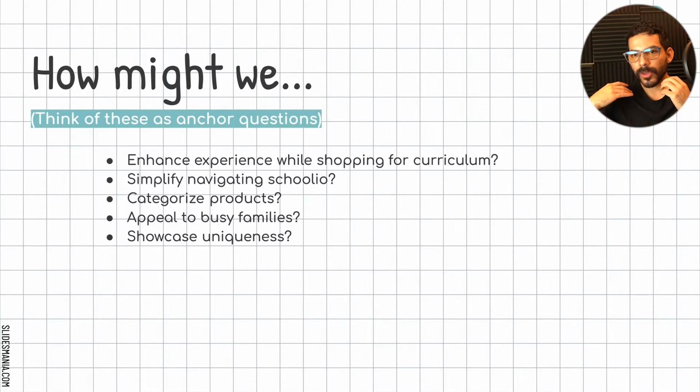Should there be an emphasis on that throughout the design? And how are we going to design the units and the grades so they're easily accessible and really fast? Then, appeal to busy families. How are we going to target those users, those personas that we just created, and make it a lot more appealing, making sure they know that Schoolio is a product for them?